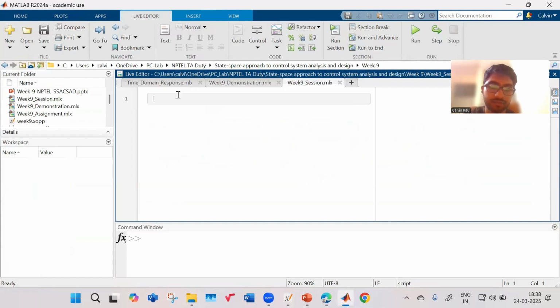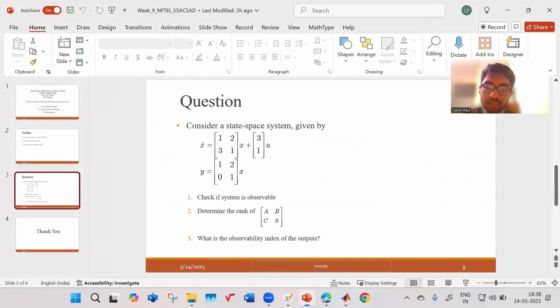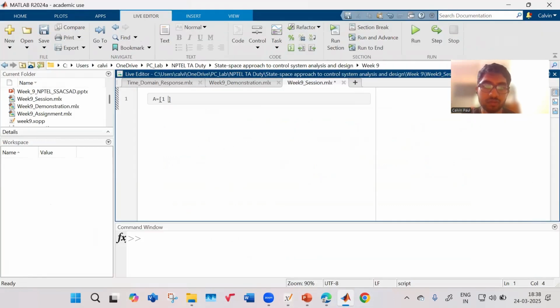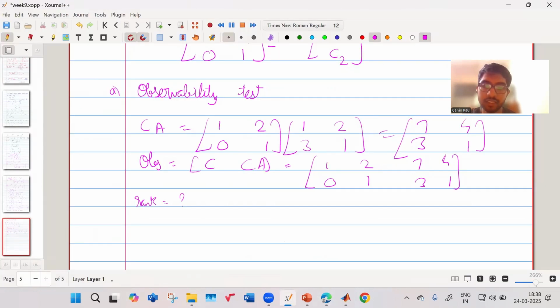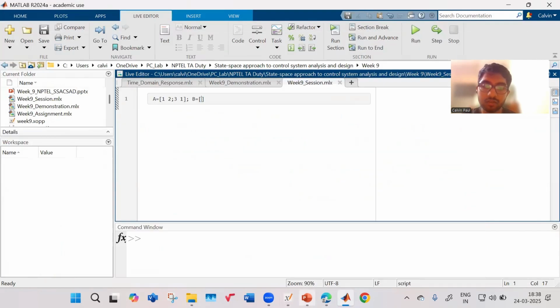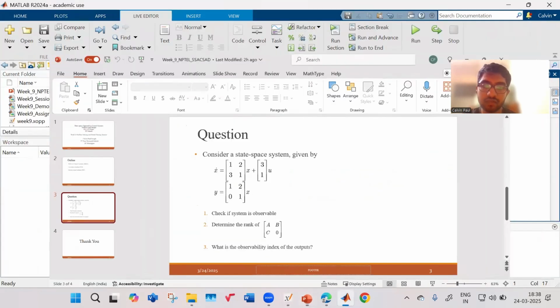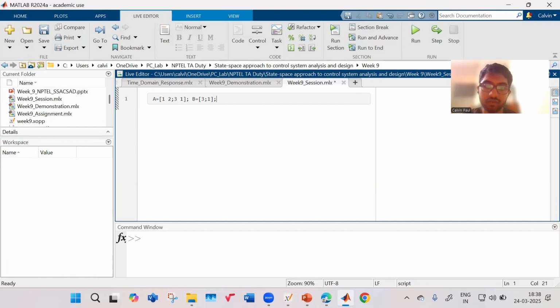Let us enter our A matrix: 1, 2, 3, 1. B matrix is given by 3, 1, 3, 1.